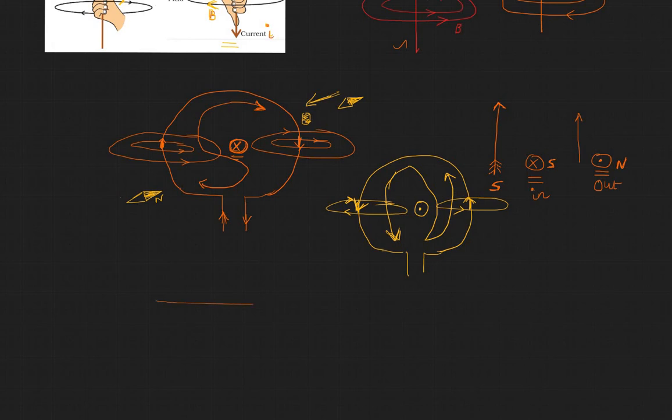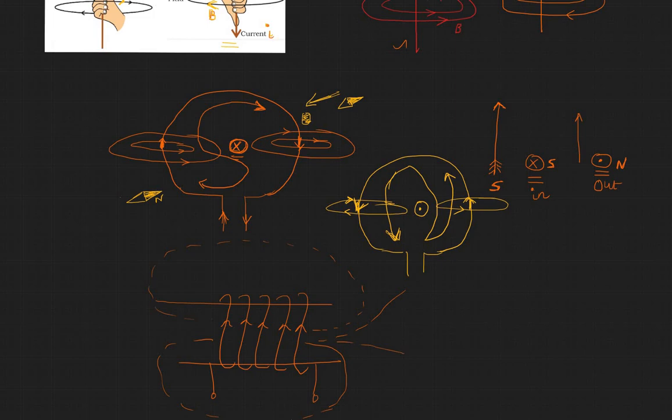Moving further, a solenoid is a set of coils which carries current. If all the currents are, let's say, moving up, and you try to trace the path of a compass, you will observe that the compass moves exactly like a bar magnet. The field lines are such that the compass would point like that, and the compass would point like this.